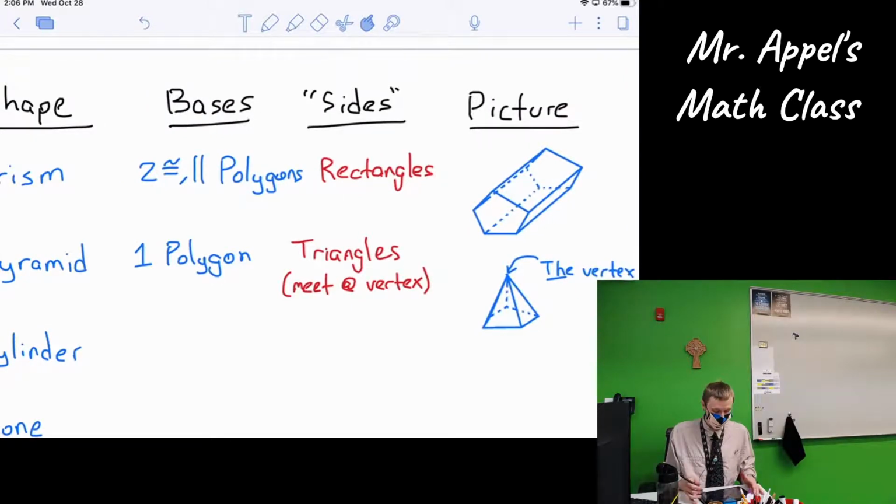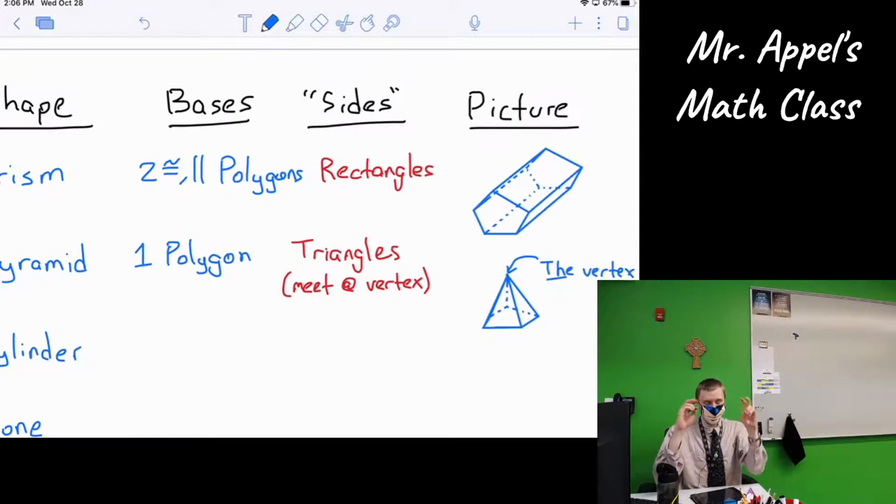All right, next up, we've got the cylinder. And the cylinder is our soup can, right? And it's very much related to a prism. You can see there's a lot of similarities. We've got the two flat parallel bases and then connected with some semblance of a side.